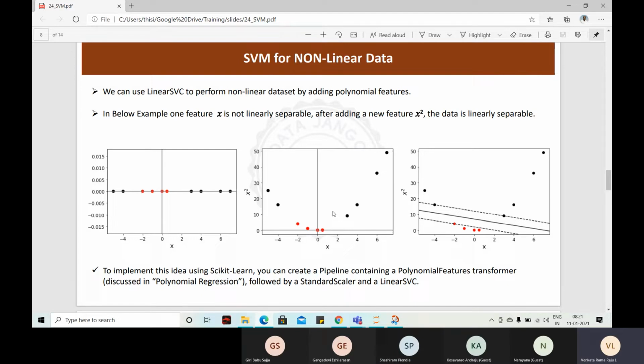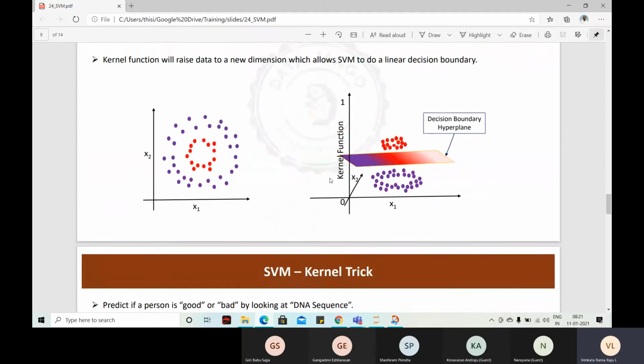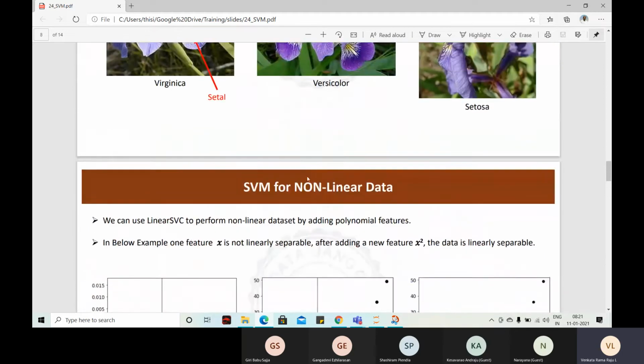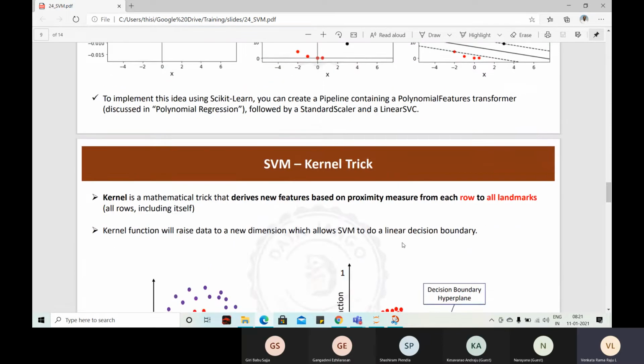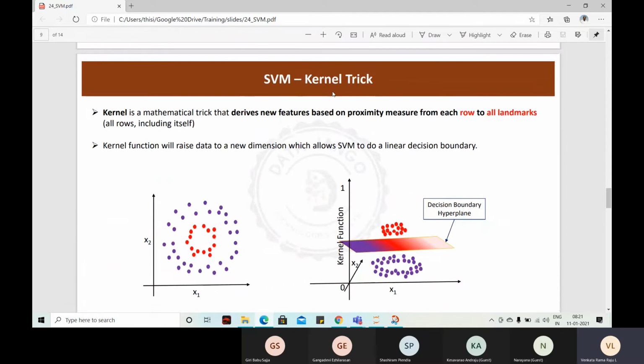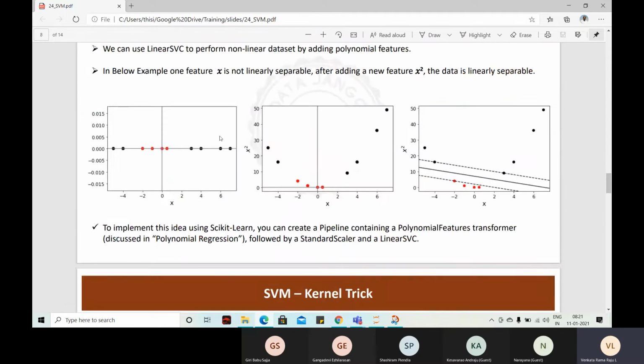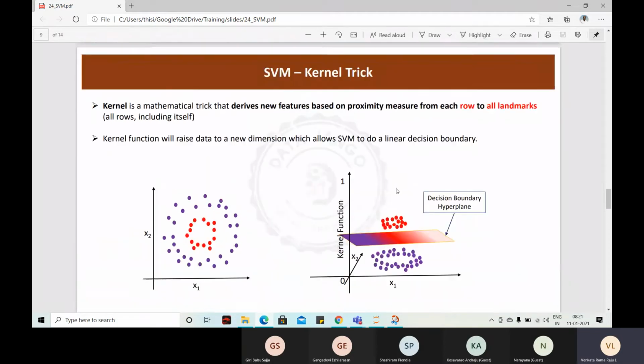Yeah, that's a good question. Reducing dimensionality, are you going to take out some polynomials? No. Polynomial terms? No, we are not. So this is the concept we have seen, right? When you raise the data to higher degree polynomials, it allows us to do a linear decision boundary. So in the kernel trick also we will do that. We are adding polynomial terms to make the data set nonlinear so that we can do a decision boundary.